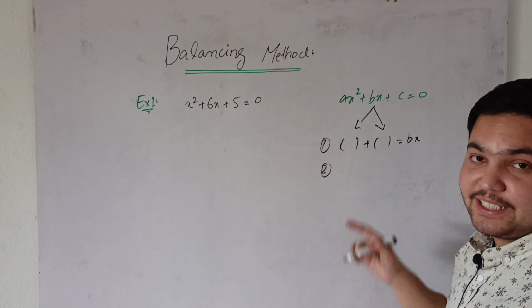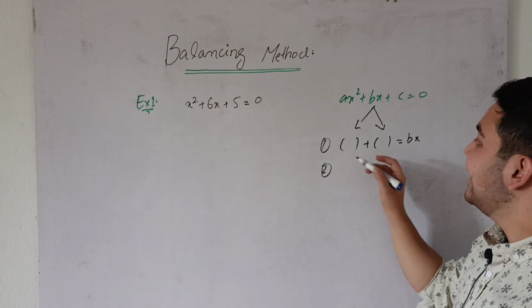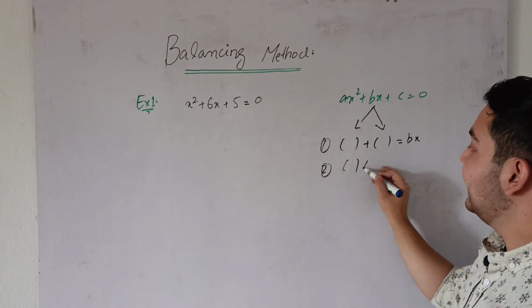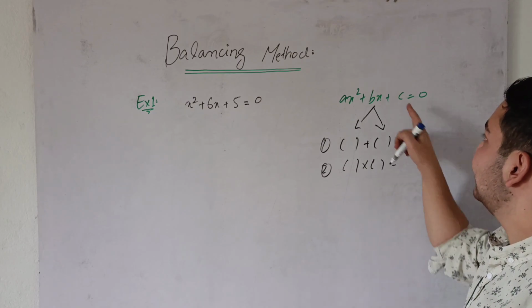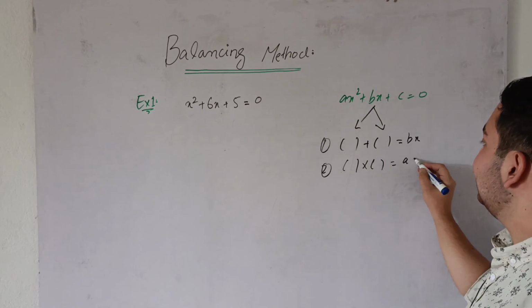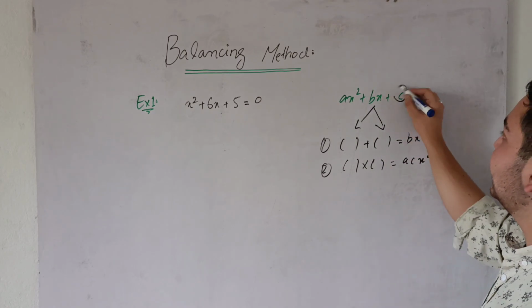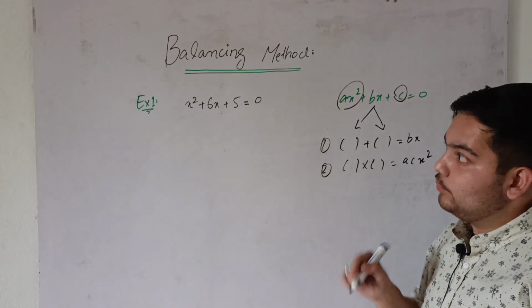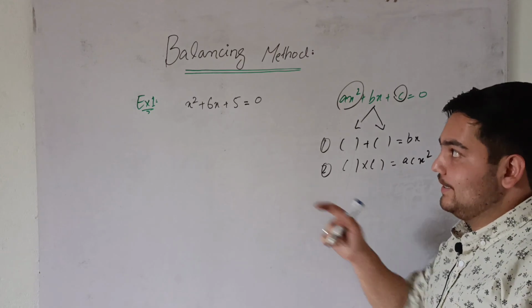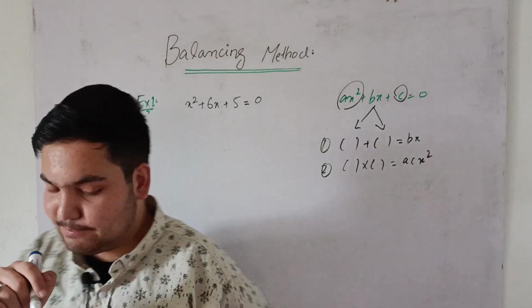What is the second condition in this method? If we multiply these two terms, we must get the product ac x square. That is the second condition.